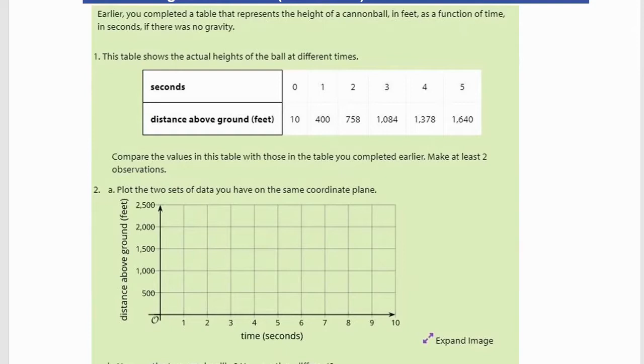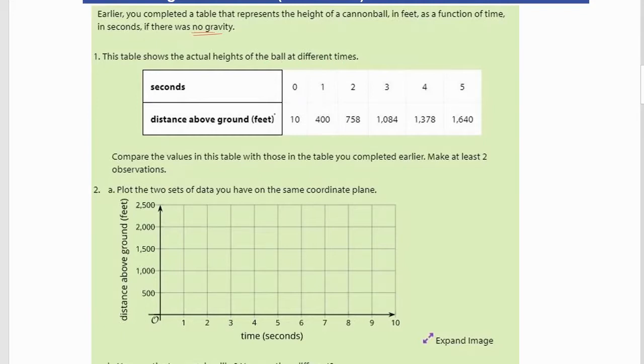All right, so tracking a cannonball. This one's going to take you somewhere around 15 minutes. We'll see about that. Earlier, we did a cannonball in feet where there was no gravity. But let's see, this table shows the actual heights of the ball at different times.